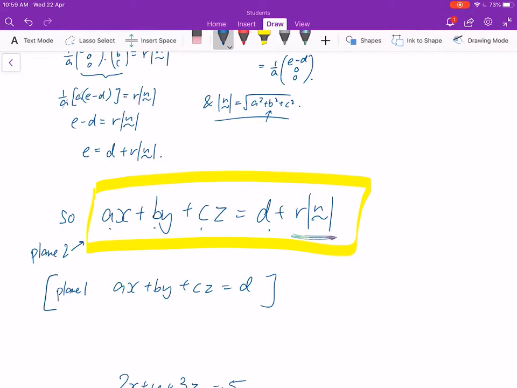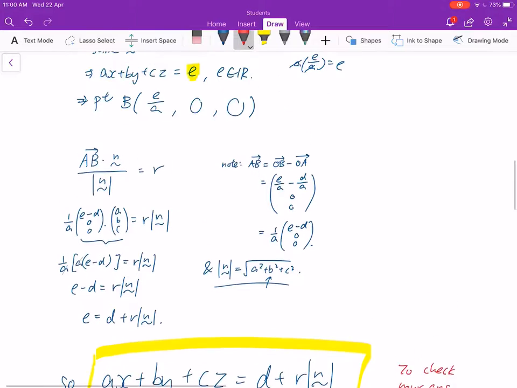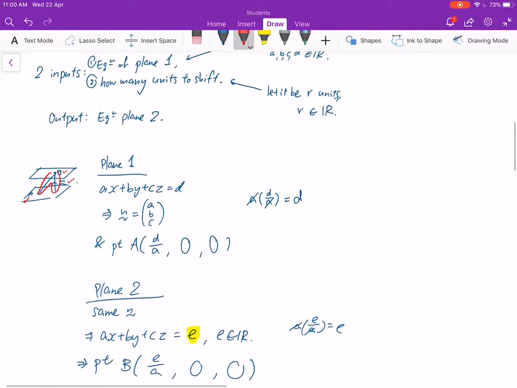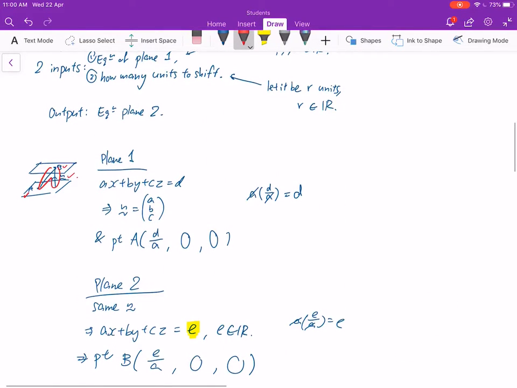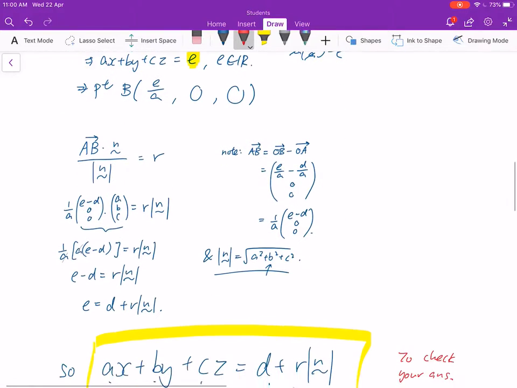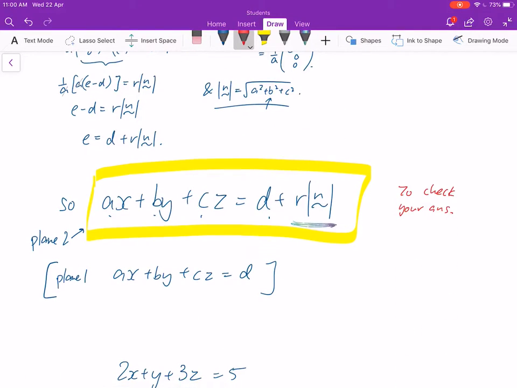Okay, so what you can do is use this formula as a checker, to check your answer. Okay, alternatively, what you can do is to present this entire formula, this derivation that I've done here, and then assert this formula, but I actually don't recommend that.